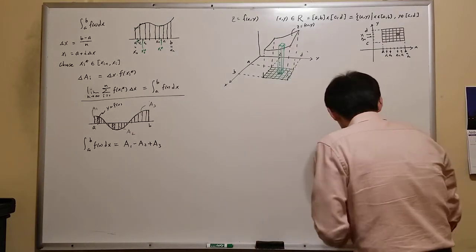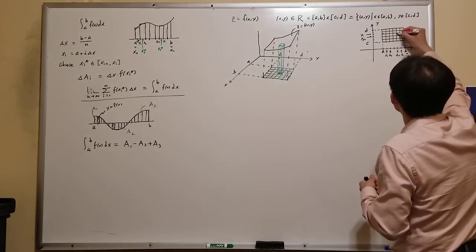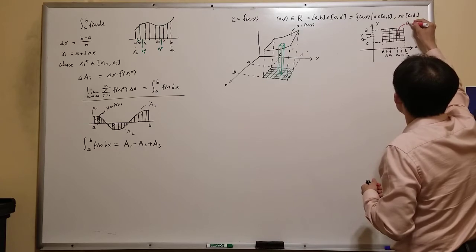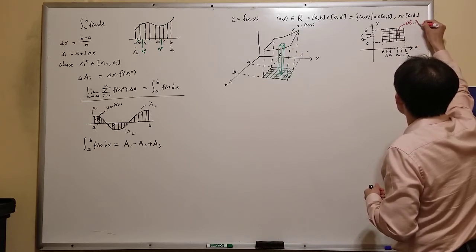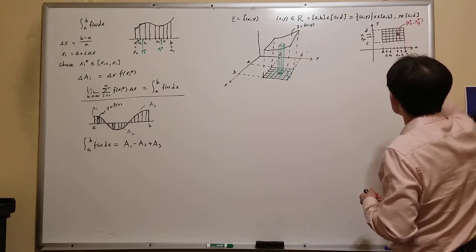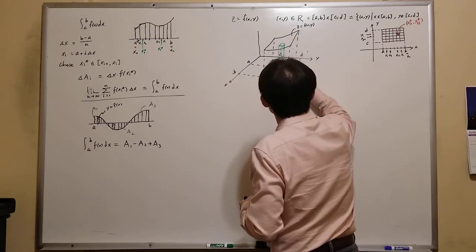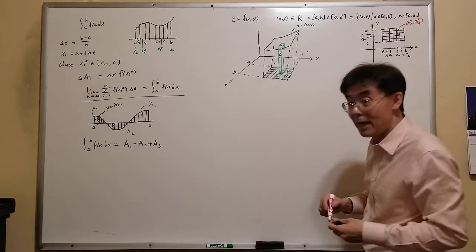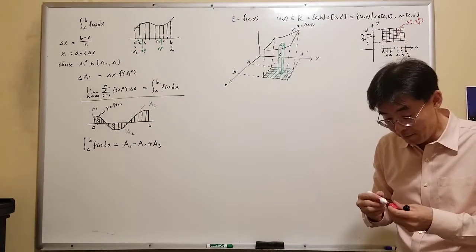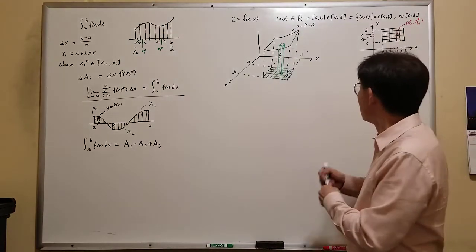And then you choose any point here, x ij star, y ij star, that point. At that point, we find the function value and use that function value as the height of the rectangular column.